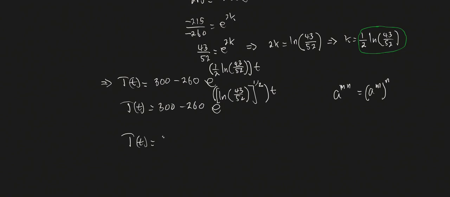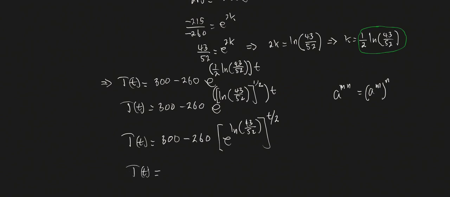There are several ways you can do it, but this is 300 minus 260 times e to the ln of 43 over 52, all of that raised to the t over 2. There we go. I just wanted to write it in such a way that you can see what cancels out and what gets left, and you have to make sure that the correct expression ends up in the base, and the correct expression ends up in the exponent. So here's our final answer.